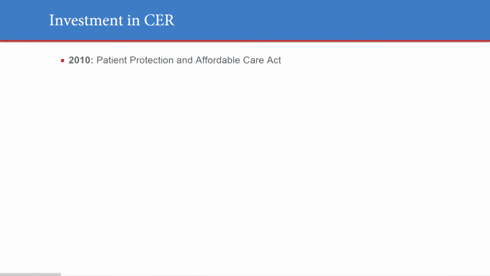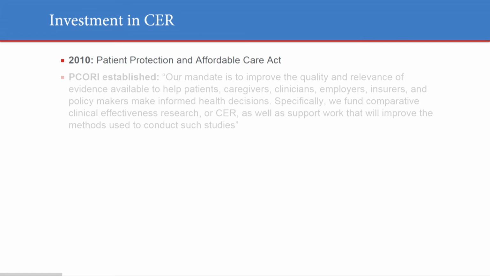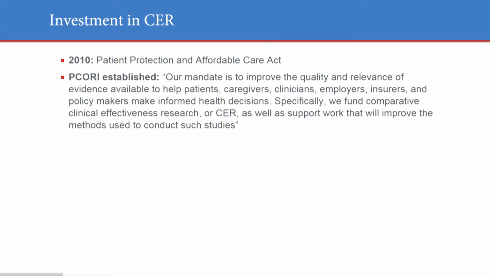In 2010, under the Patient Protection and Affordable Care Act, PCORI was established. Now, PCORI has a mandate to improve the quality and relevance of evidence available to help patients, caregivers, clinicians, employers, insurers, and policymakers make informed health decisions.